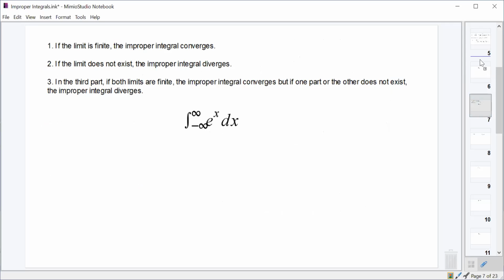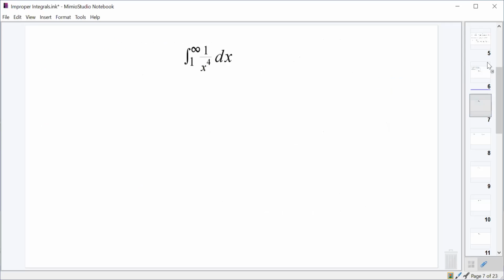So I want this page here first. Actually, let's just start here. Let's do this one. Let's do the integral from 1 to infinity of 1 over x to the 4th. So thoughts on this?